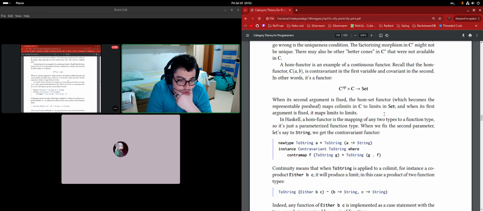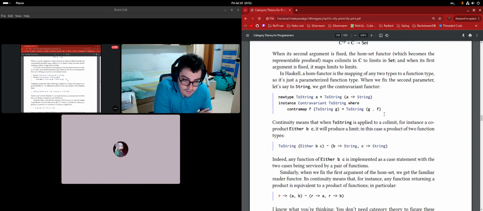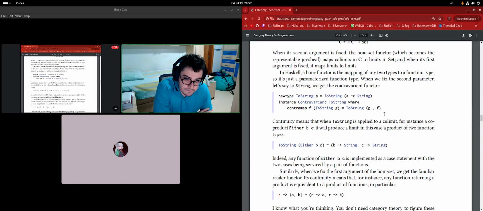Okay, so what are the two types in the first example? They are the argument type and the return type. So A and string. Yes. And in the other example it's going to be the first argument, so R to whatever.